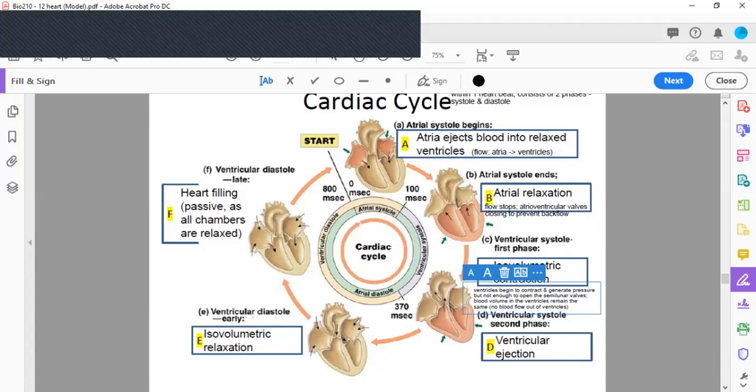Next is ventricular systole, second phase, which is called ventricular ejection.